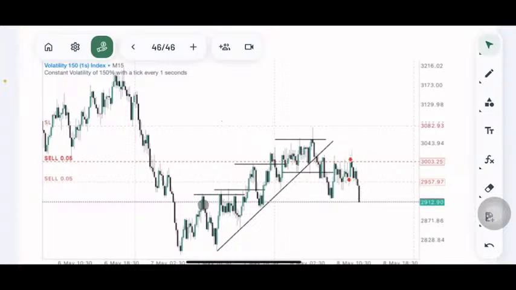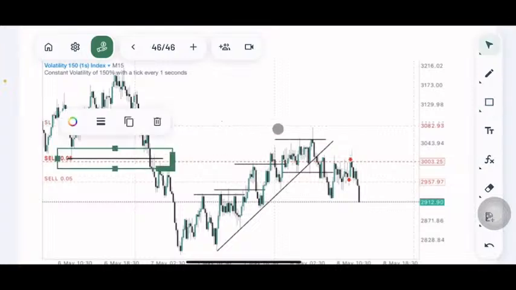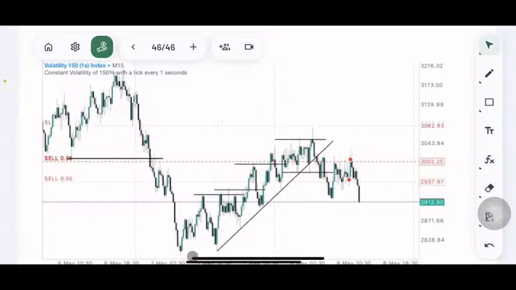As you can see on the screen, first of all, I saw a break of structure at about this point. Price broke structure right here and was coming down. As it was coming down all the way from this point to here, it started returning. While it was reversing, you can see it was moving in this pattern.